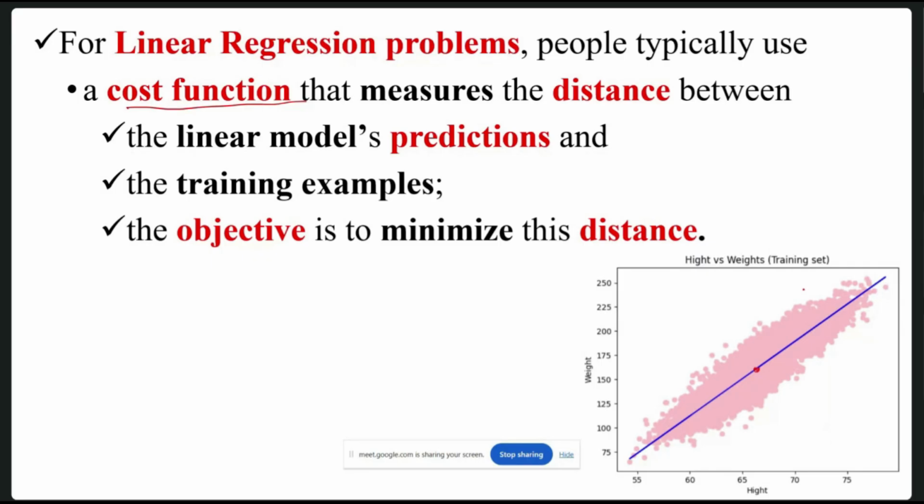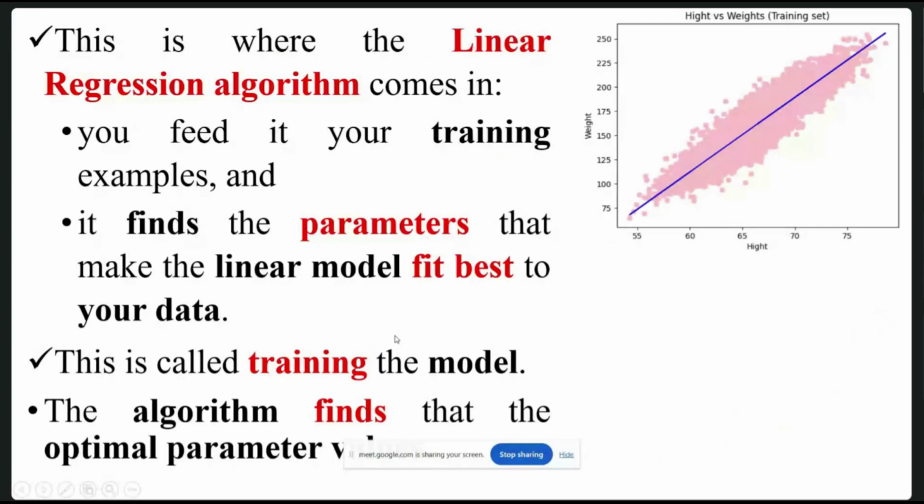The distance between the actual point and the predicted point, called the error, must be minimized to find the model. That is linear regression.